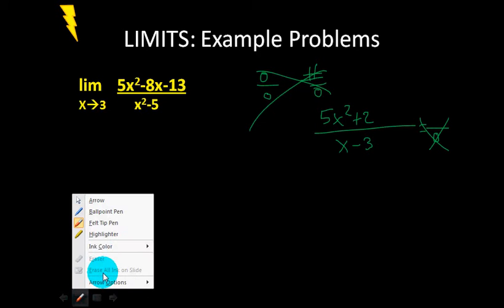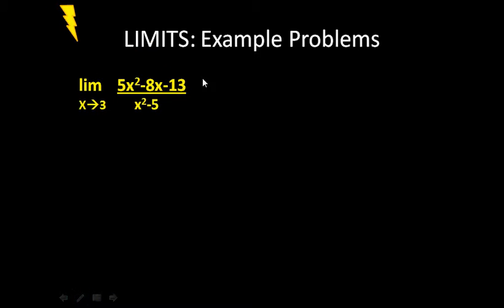So let me, so we just plug it in: 5 times 3 squared minus 8 times 3 minus 13, divided by 3 squared minus 5.